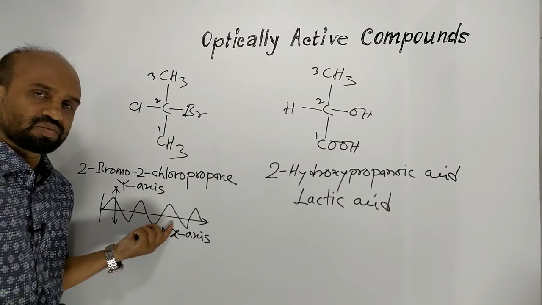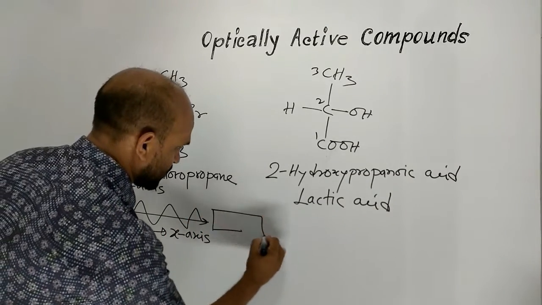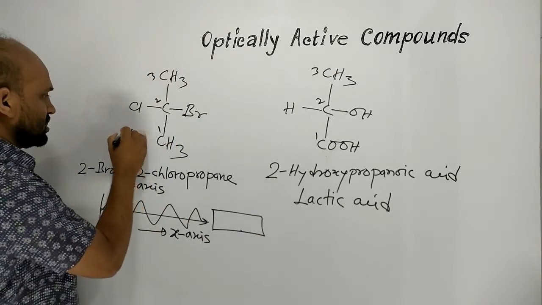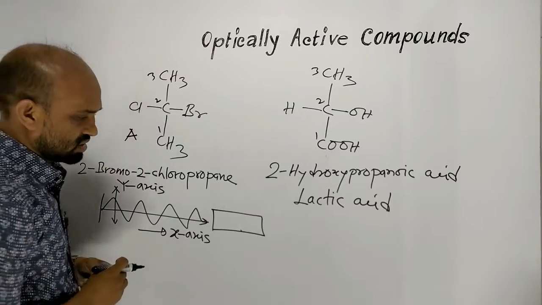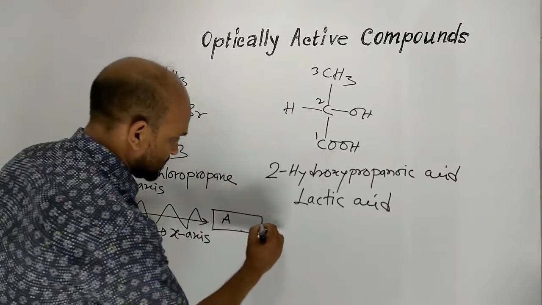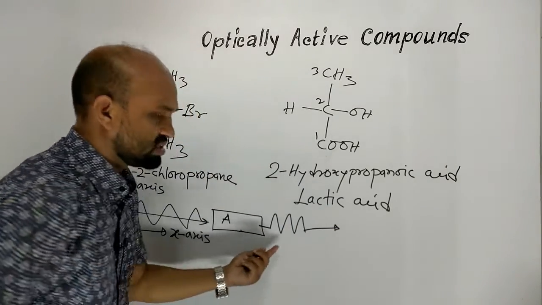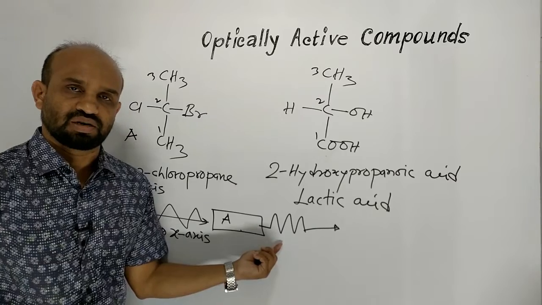When this plane polarized light is passed through a solution of a compound A, then we see no change in the plane polarized light.